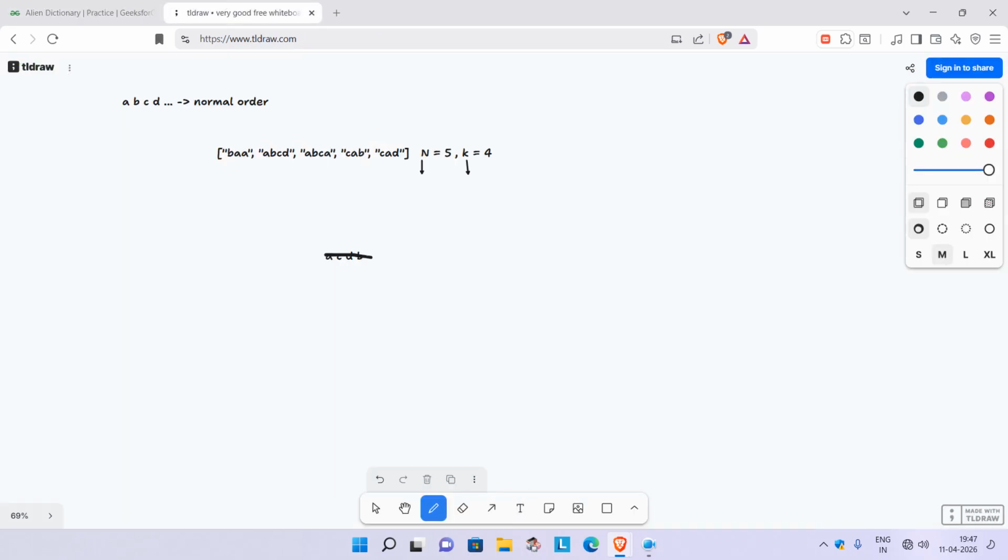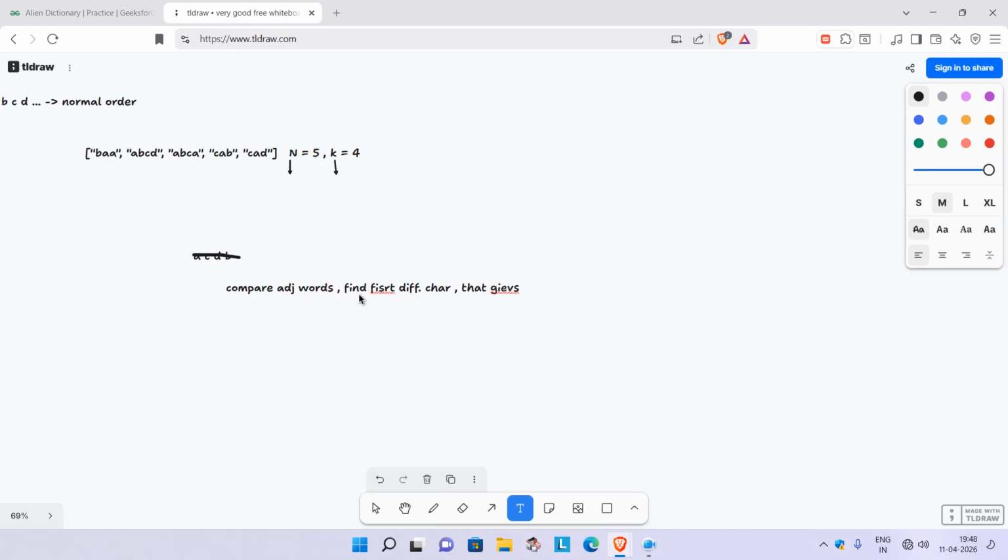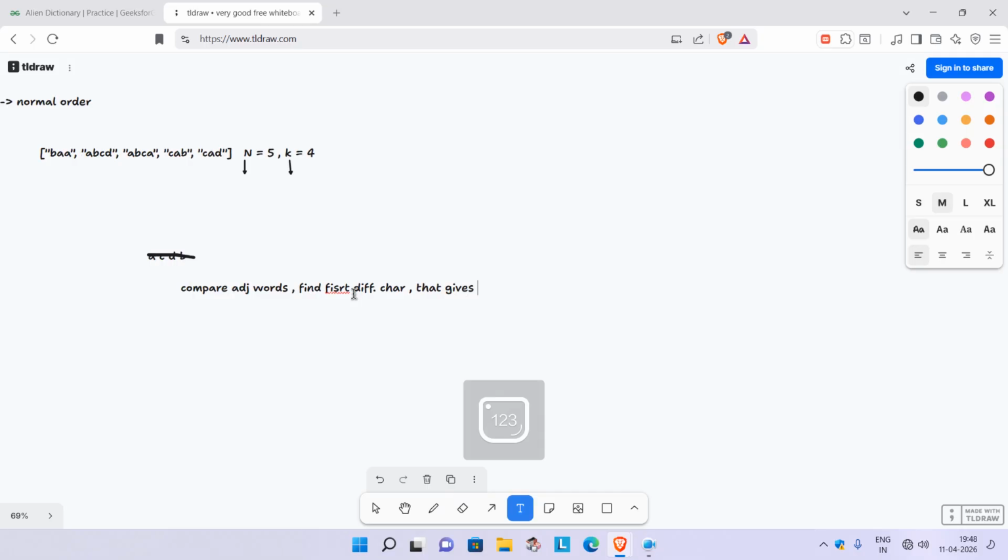The basic idea is that we simply compare adjacent words, and find the first different character. After that, it gives me the correct order. So that's the thing.